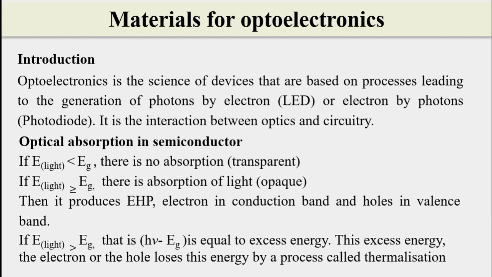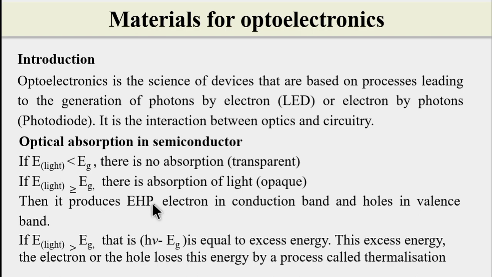And also we know from the concept of density of states and the Fermi function at room temperature that most electrons are located very close to the conduction band edge, and most holes are located very close to the valence band edge.